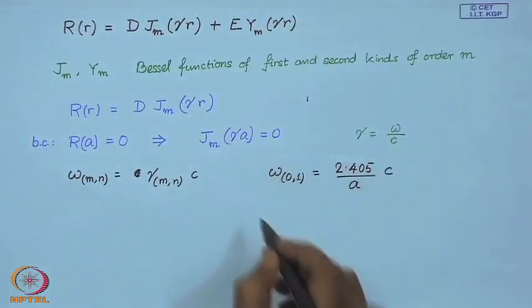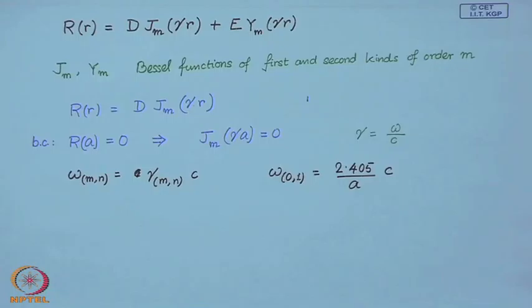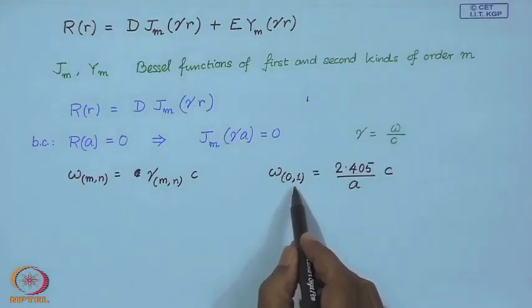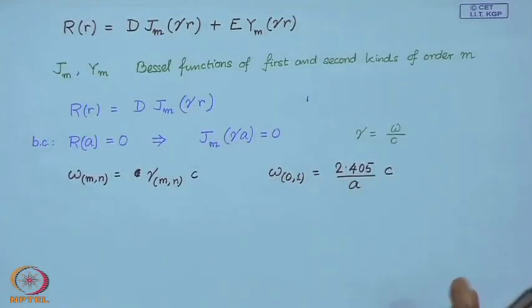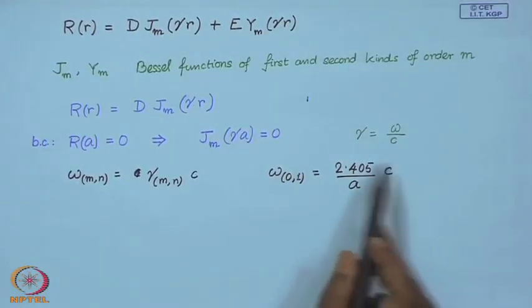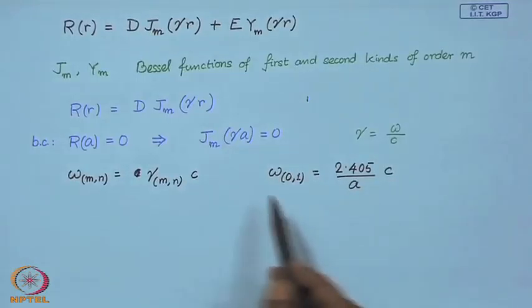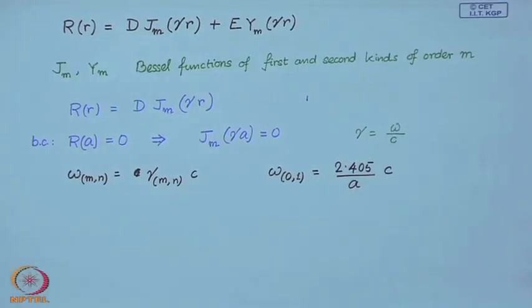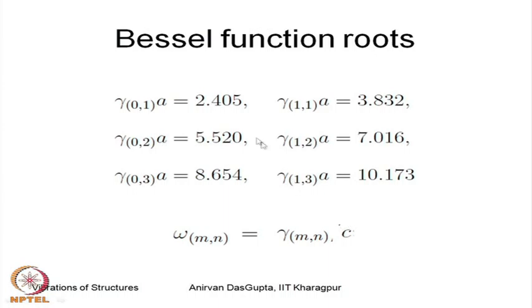That is the circular eigenfrequency corresponding to the mode 01, and in this way you can determine the higher modes. Here I have listed some of the higher modes as well.